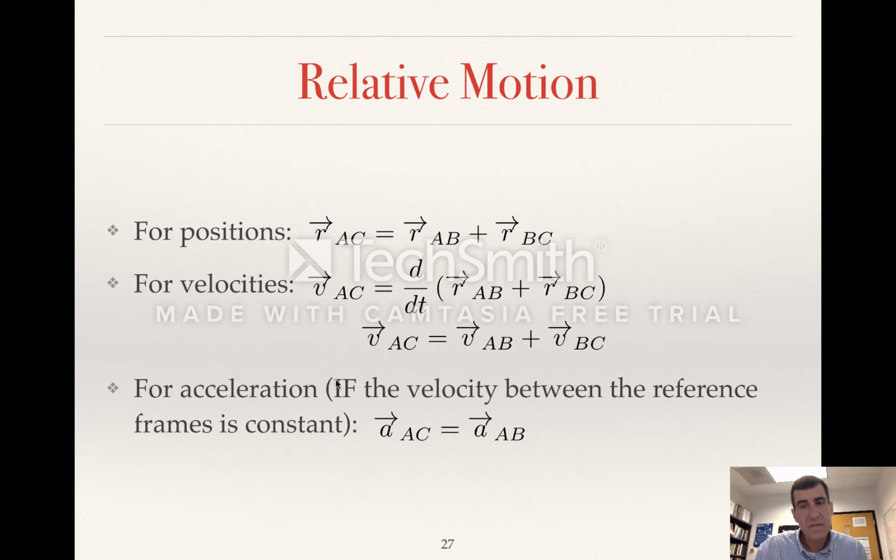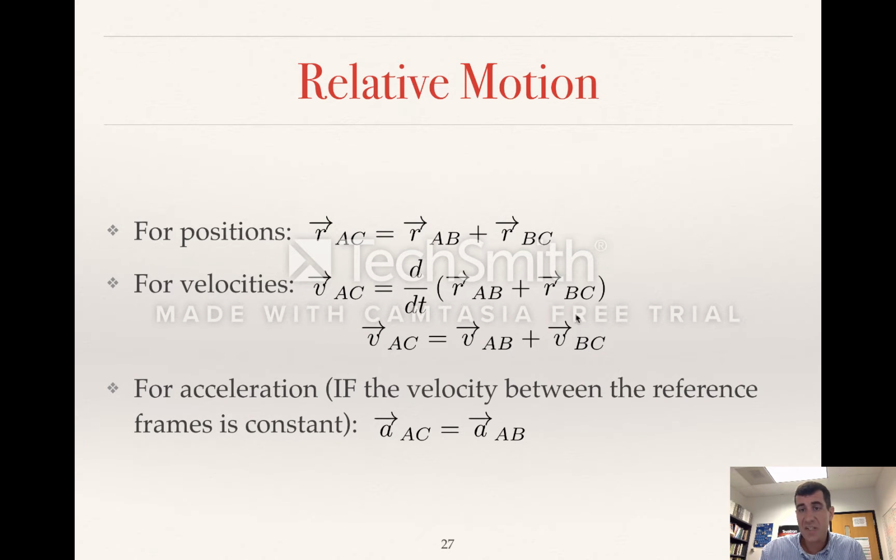And now we can then find accelerations. The velocity between these two reference frames is VBC, the way we set this up. That's telling us how the two frames of reference are moving with respect to each other. Now, if that velocity is constant, then remember, if we want acceleration, we just take the time derivative of the velocity. So we take the time derivative of VAB plus VBC.